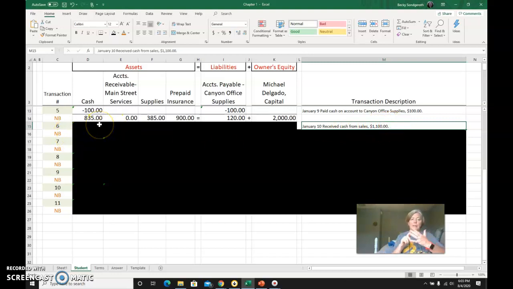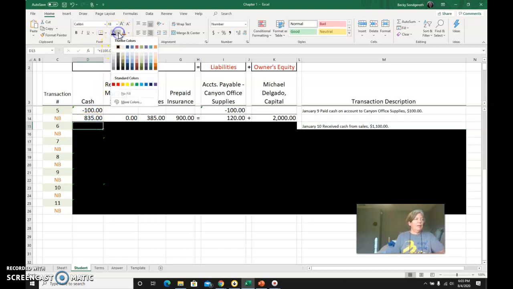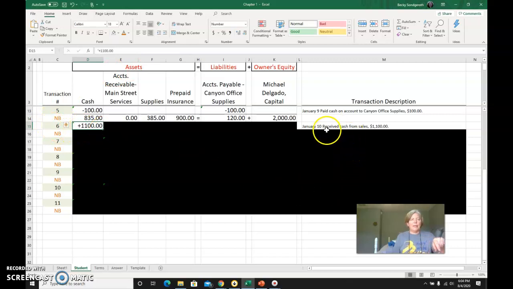So we're going to go through that same 5-step process. So what accounts are affected? So the words received cash tell me that cash was affected. And if cash was affected, I know that it was going up. It's an asset going up because I received it. The business got money, so it went up.